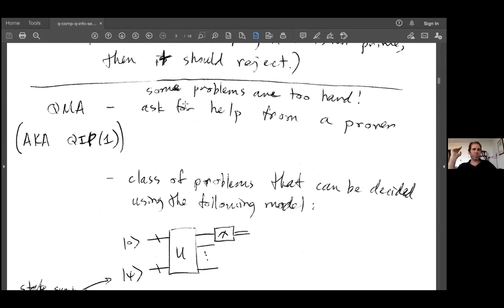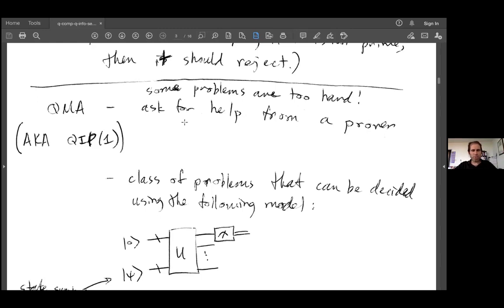So what we can do is ask for help from someone who has unbounded computational power, unbounded quantum computational power. That's an assumption we make for this complexity class. We call that person a prover, because the idea is that they're helping you to prove the truth of some statements.